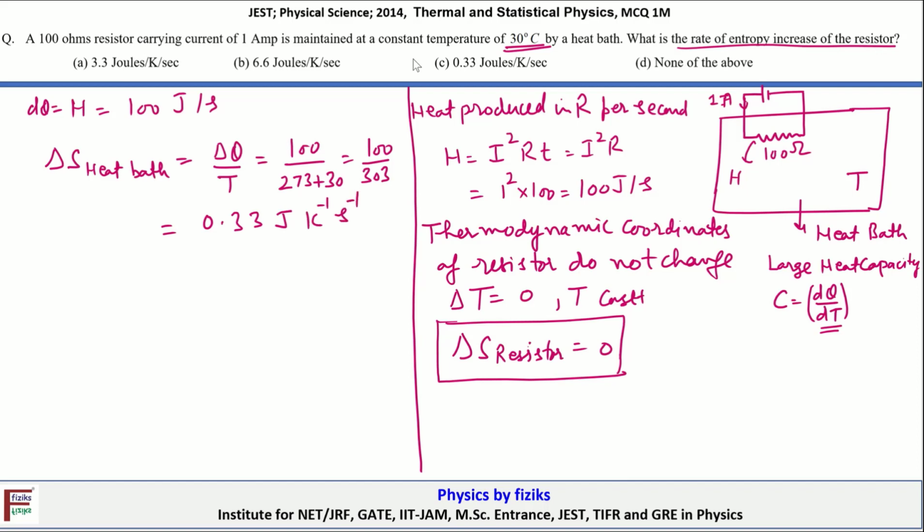So this is the rate of entropy change of the reservoir. But remember that there will be no entropy change for the resistor. It's a very nice example. So our answer for this problem is none of these, because for the resistor there will be no entropy change.